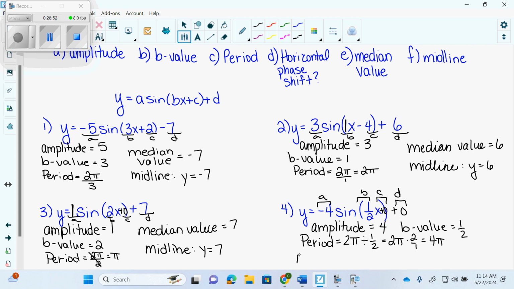This one, the median value equals 0, and the midline is y equals 0. Yes? Okay. Yeah.